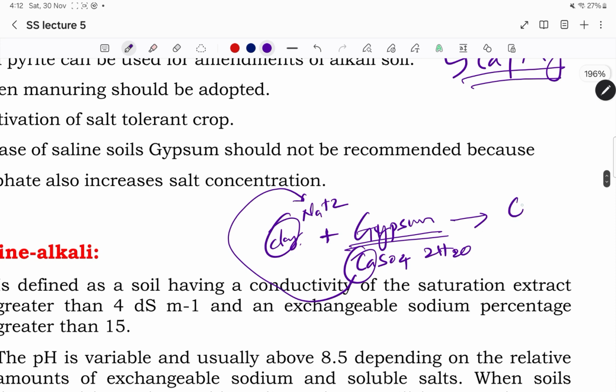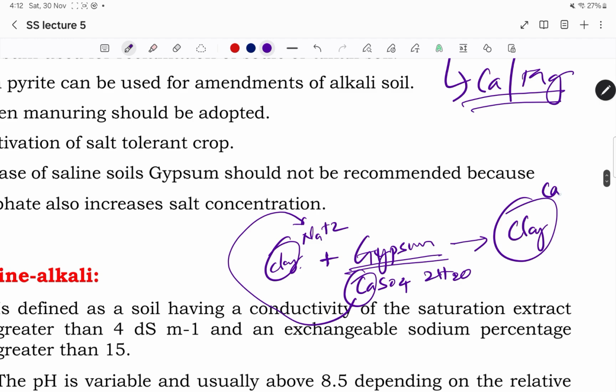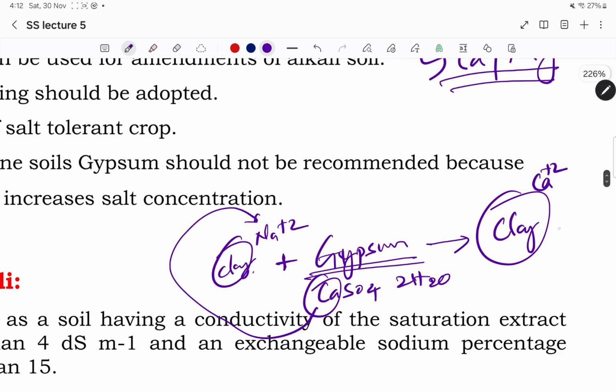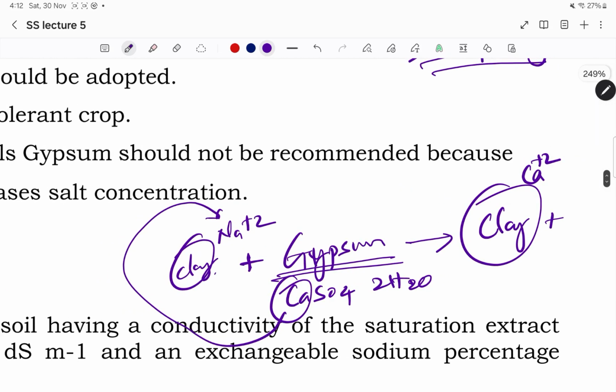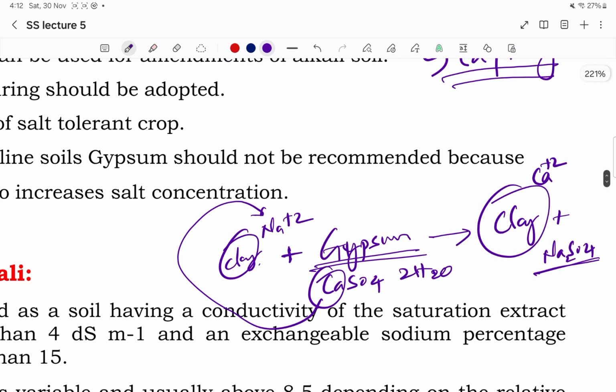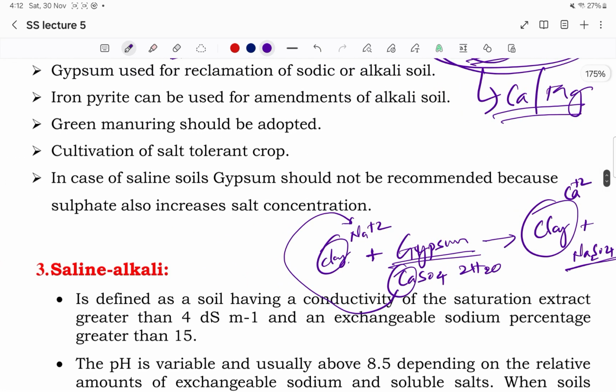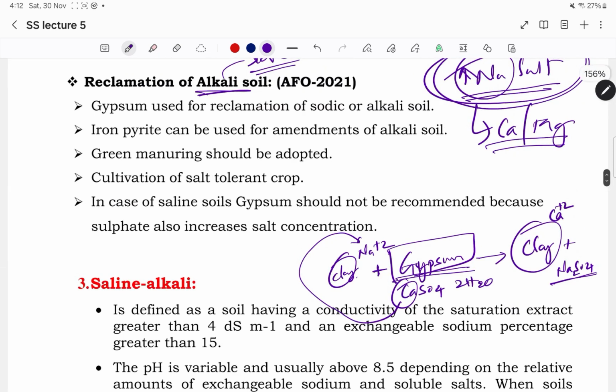So now after applying gypsum, we get the clay having the calcium, whereas the sodium gets away. This becomes Na2SO4. This calcium replaces the sodium. This is how we can reclaim the alkali soil.